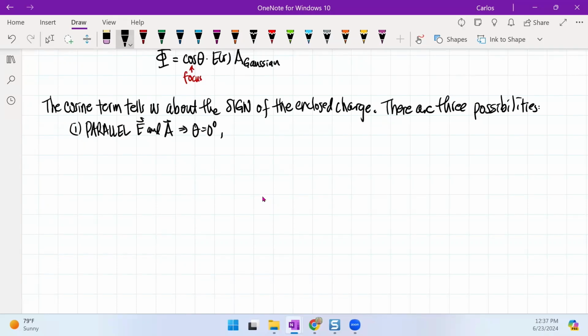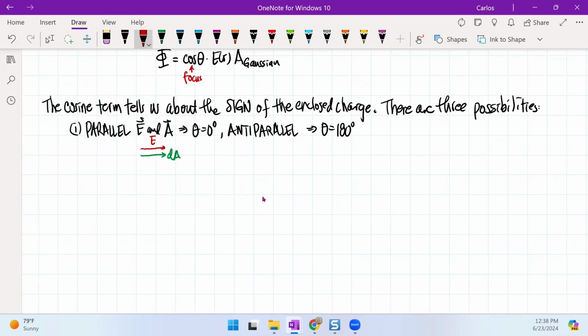If they're anti-parallel, then that implies theta is 180 degrees. So those two vectors are in opposite directions. In other words, if this is my direction of dA, then the electric field is going to be pointing in the same direction.